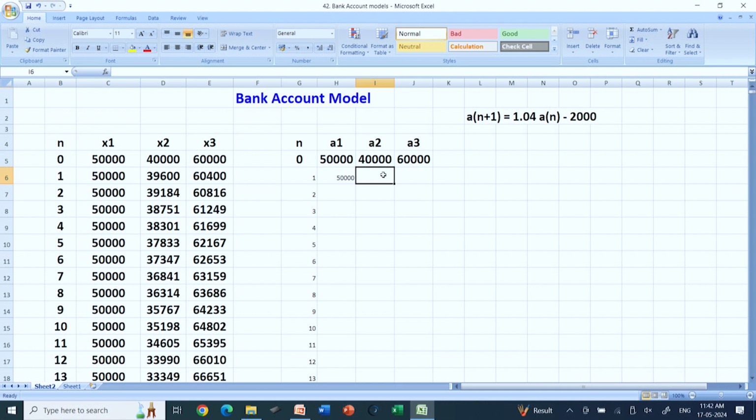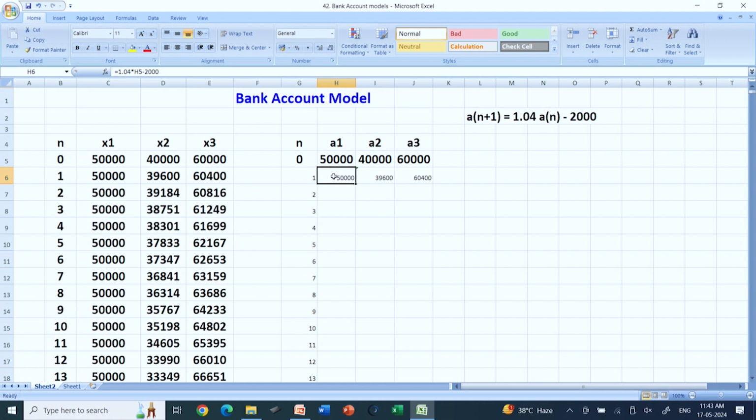Here also it is equal to 1.04 multiplied by your initial value A0 minus 2000, and here 1.04 multiplied by the initial value of 60,000 minus 2000.